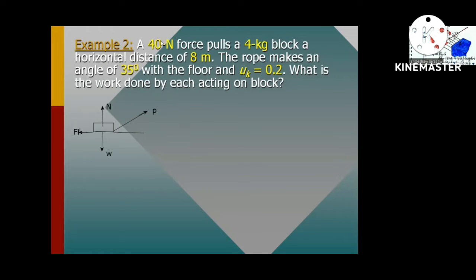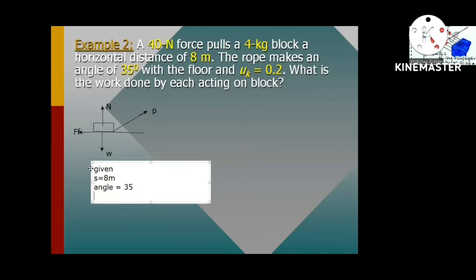P is 40 newtons, and there is a displacement. Another quantity we have been given is the displacement s, which is equal to 8 meters, and the angle theta is equal to 35 degrees.